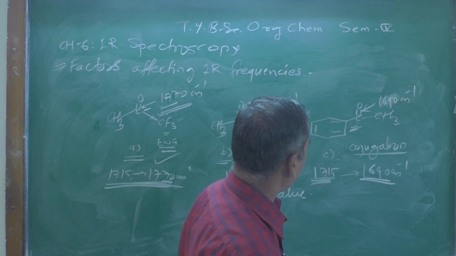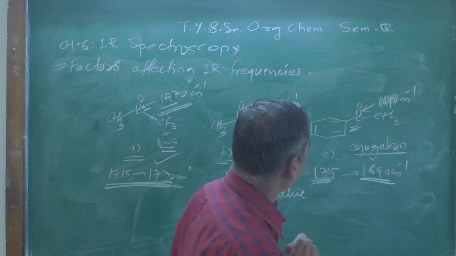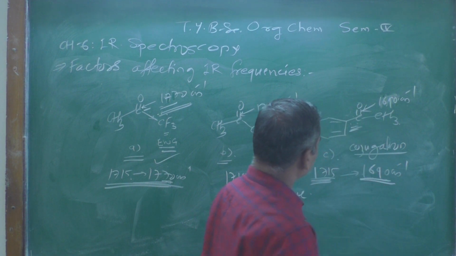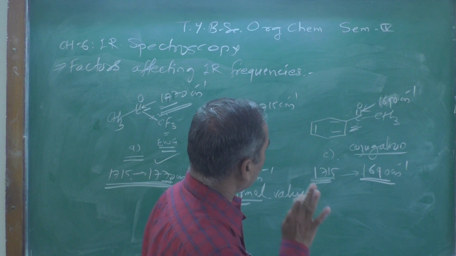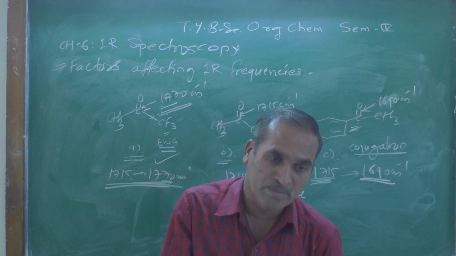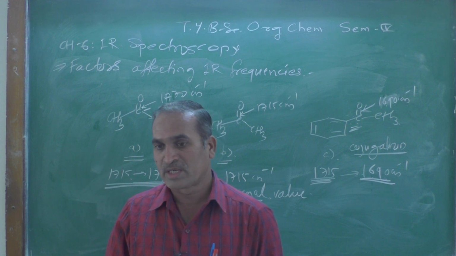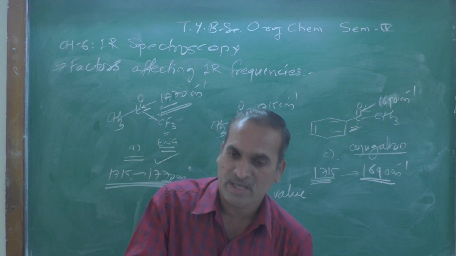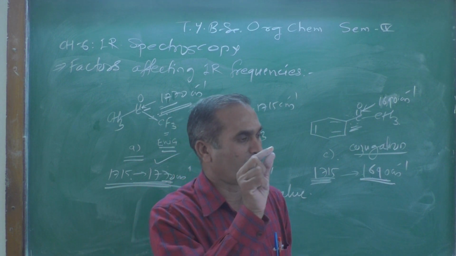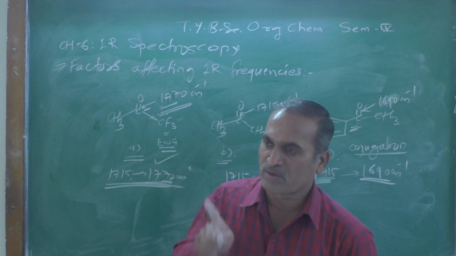Let me clear this point once again. Here the double bond character goes on decreasing. Once the double bond character decreases, the strength of the bond decreases, the force constant also decreases, and once the force constant decreases, the frequency also decreases.